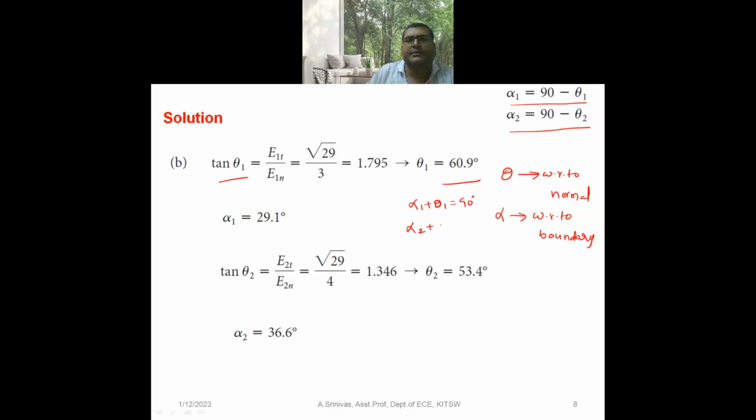Alpha 2 plus theta 2 is equal to 90 degrees. Based on that, you can determine the angle made by electric field or electric flux density with respect to normal or with respect to boundary. If it is with respect to normal, then it is theta. If it is with respect to boundary, then it is alpha.